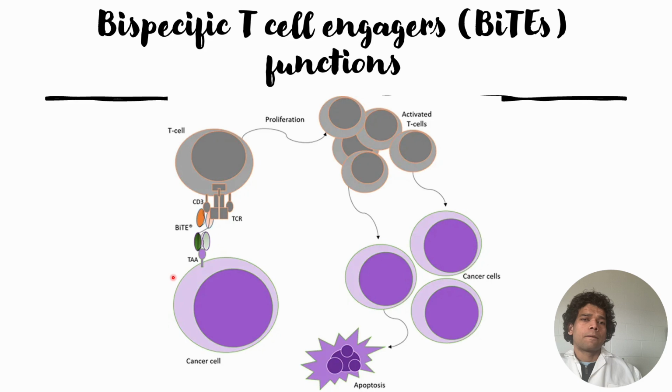So, if someone combines this BiTE with other therapies such as immune checkpoint inhibitor therapies, that will prevent the inhibition of the activated T cells in the tumor microenvironment. In that case, the BiTE combination with ICB, that is, immune checkpoint blockade therapy, could be one of the viable options to enhance the immune response of patients against the cancer cells.